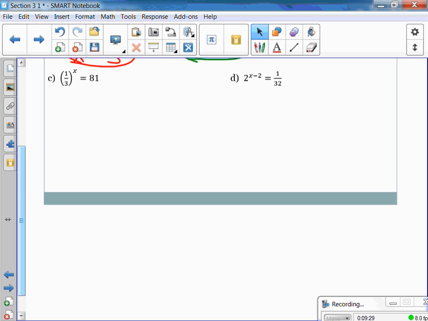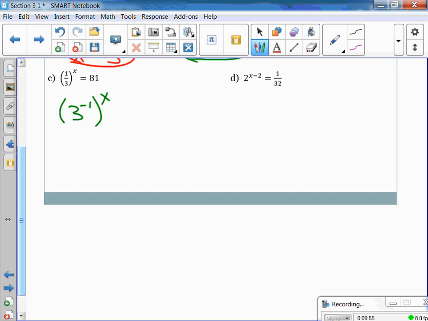That's why I said, if we remember the property, what is x to the negative 1? That's the same thing as 1 over x. That's what a negative exponent does, right? So we can rewrite my 1/3 as 3 to the negative 1. That's the same thing as 1/3.